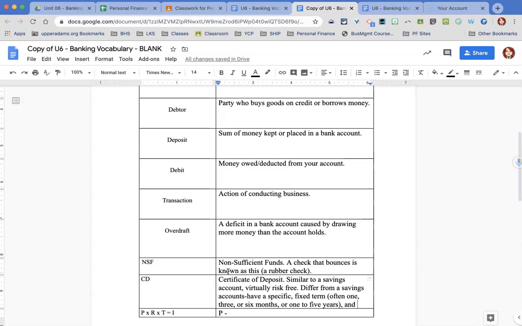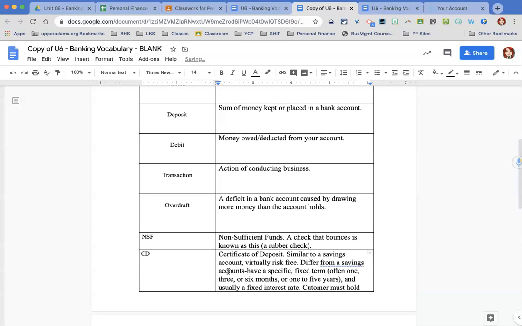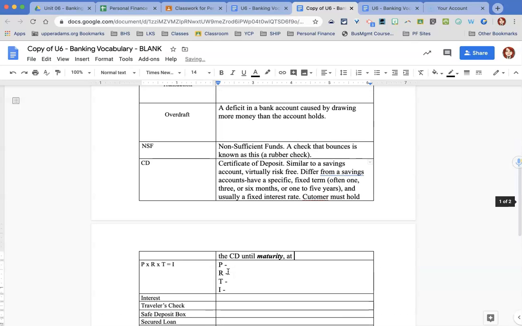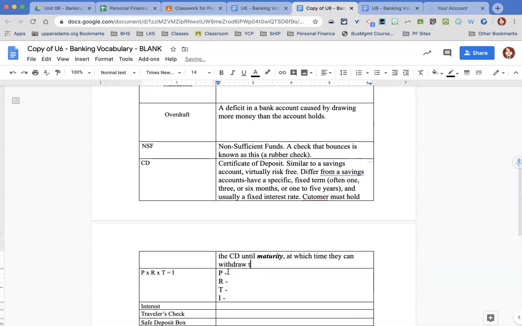And they usually have a fixed interest rate. The customer holds the CD until maturity, at which time they can withdraw the money and the accrued interest. CDs usually have higher interest rates than savings accounts.